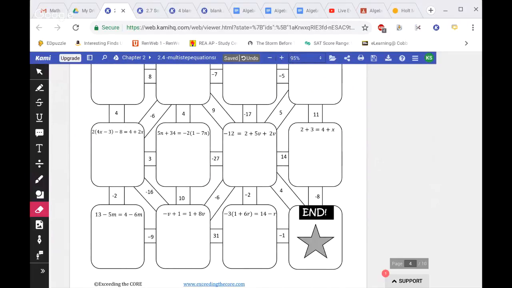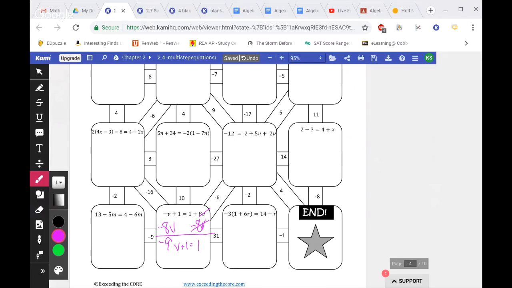Okay. All right. The v plus 1 equals 1 plus 8v? Okay. All right. So what I would do on this one is subtract 8v. And then that's going to give me negative 9v plus 1 equals 1.